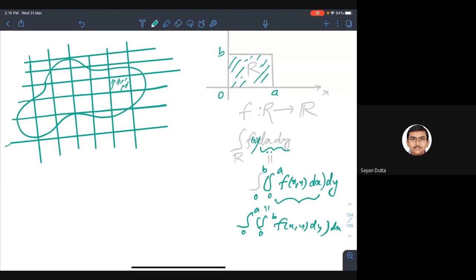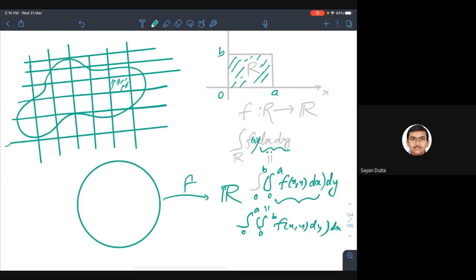So, for example, suppose you have a football and a function from this football to the real numbers, and you want to integrate on it. There you can actually do things like this. You look at a small region, a small portion.